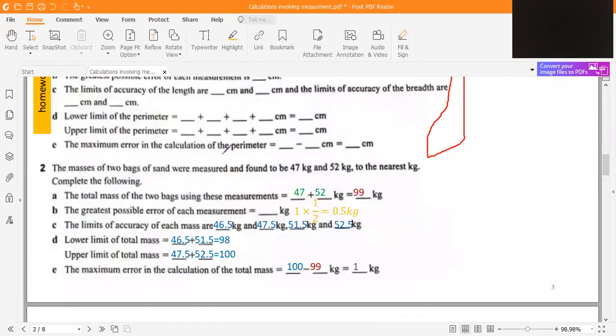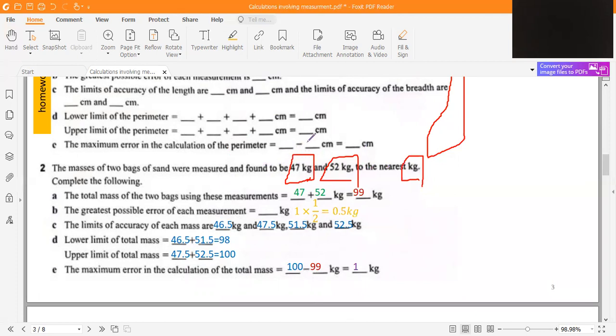In example 2, the masses of 2 bags of sand were measured. The first is found to be 47 kilograms, and the second 52 kilograms, to the nearest kilogram.